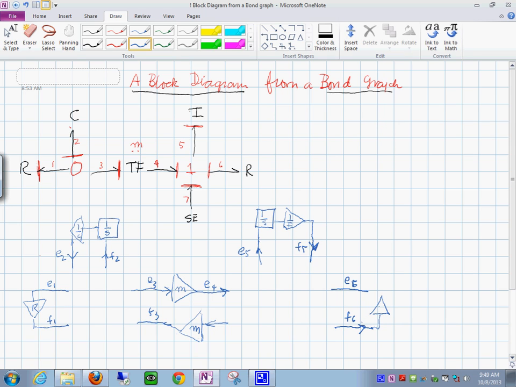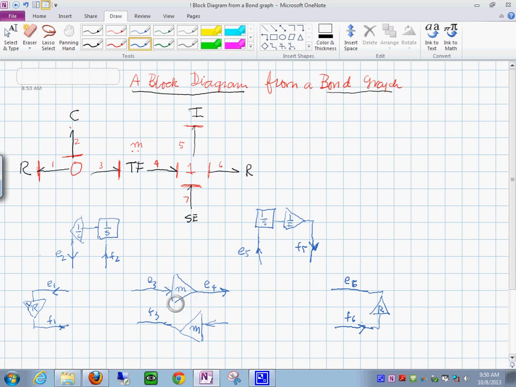By R. So the other one should be 1 over R then, right? Let me see. I think you are right about that, because you see this is, yeah, we need to make a small correction. This one is 1 over R, and this is R. So F times R equals E, like this.